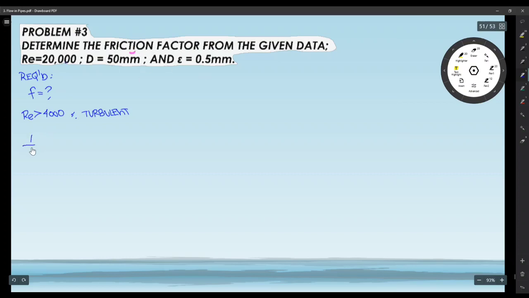So that is 1 over square root of F is equals to negative 2 times the logarithm of the quantity of the roughness over the diameter, then over 3.7 plus 2.51 over the Reynolds number times the square root of F.